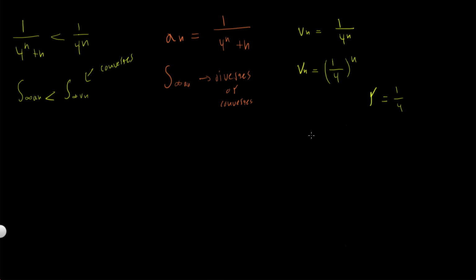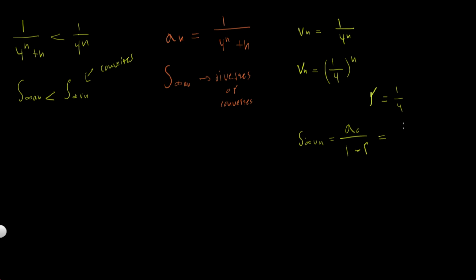That formula says the infinite summation of v of n is equal to the first term, which in this case starts at n equals 1, over 1 minus the ratio. The first term is when n is equal to 1, so that's 1/4.